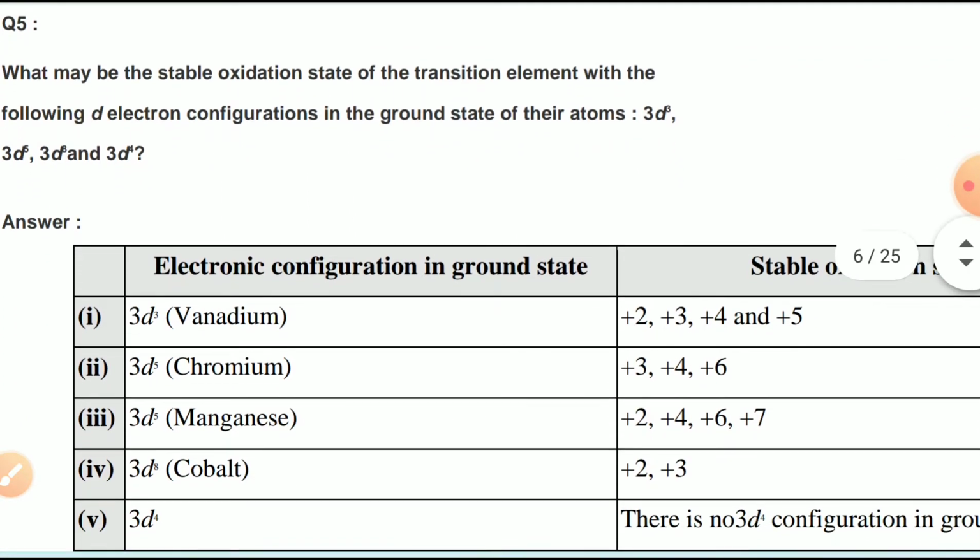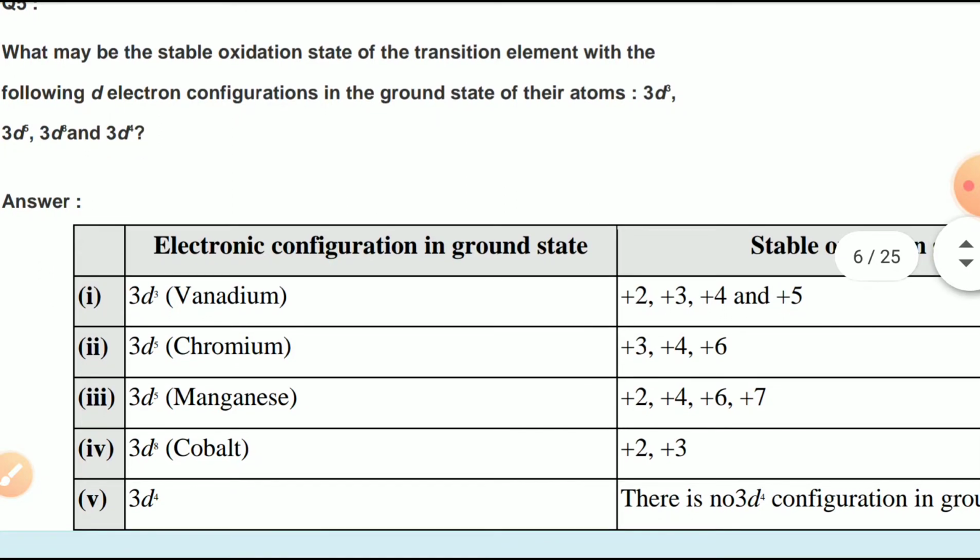Question number 5. What may be the stable oxidation state of transition elements with the following d electron configuration in the ground state of their atoms: 3d3, 3d5, 3d6, 3d1?